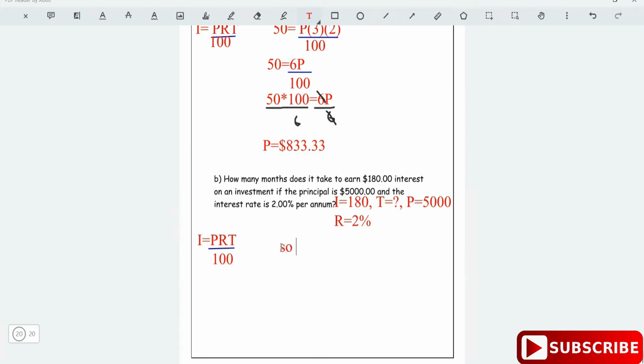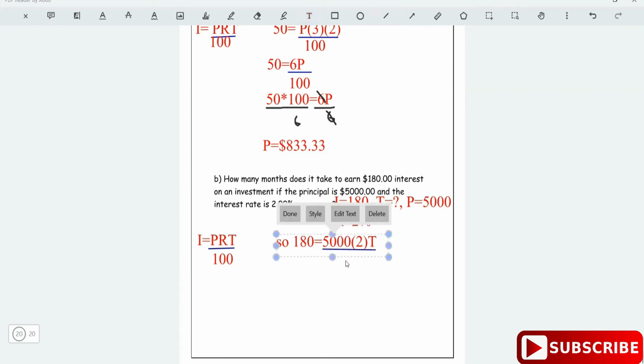And so what that means is the interest of $180 is equal to your principal, which is 5,000, times your rate of 2, times your time of t, and that is being divided by 100.